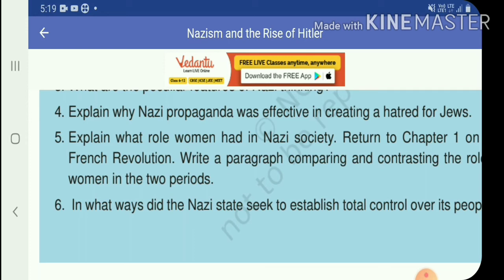This was in total contrast to the role of women in the French Revolution, where women led movements and fought for the right to education and the right to equal wages as men. They could not be forced to marry against their will.